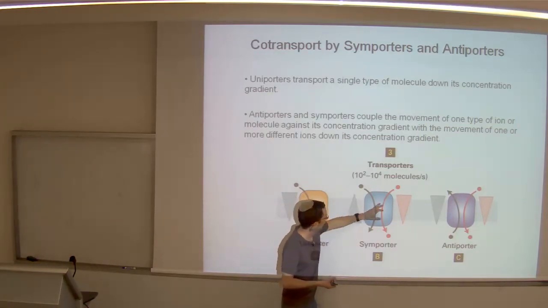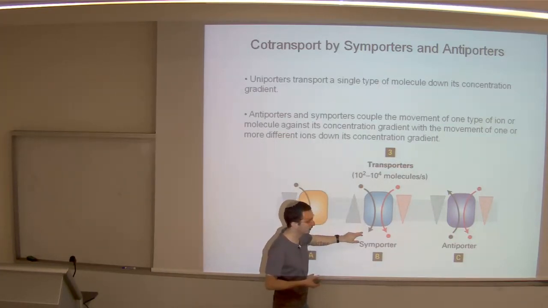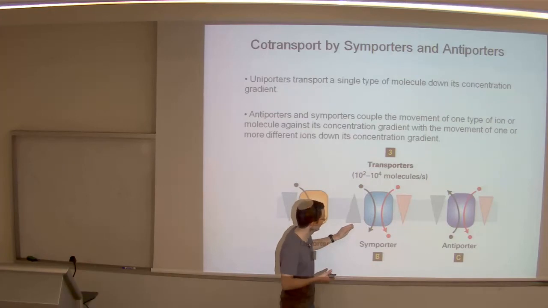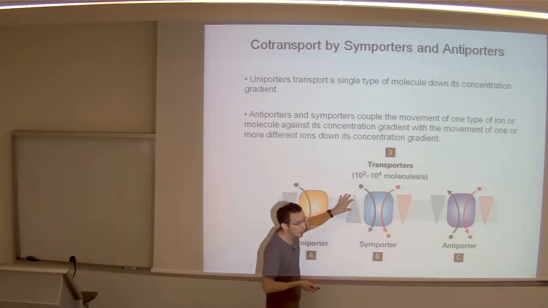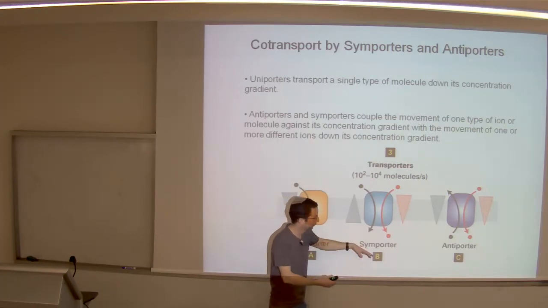So again, one ion will always be transported against its concentration gradient, and another down its concentration gradient. This endothermic reaction is coupled to this exothermic reaction. If the two ions are transported to the same side of the membrane, then the co-transporter is termed symporter, sim for the same side.